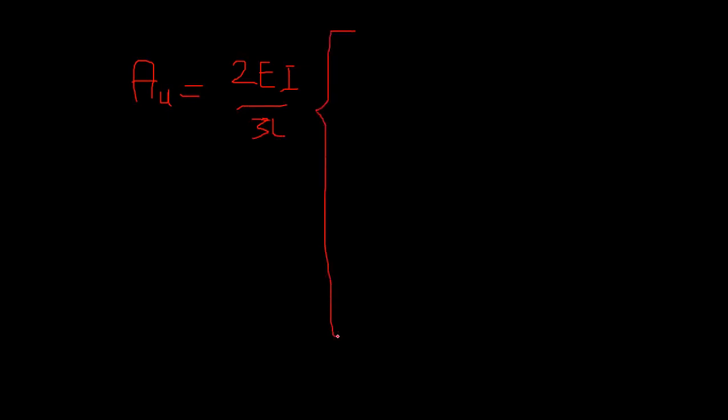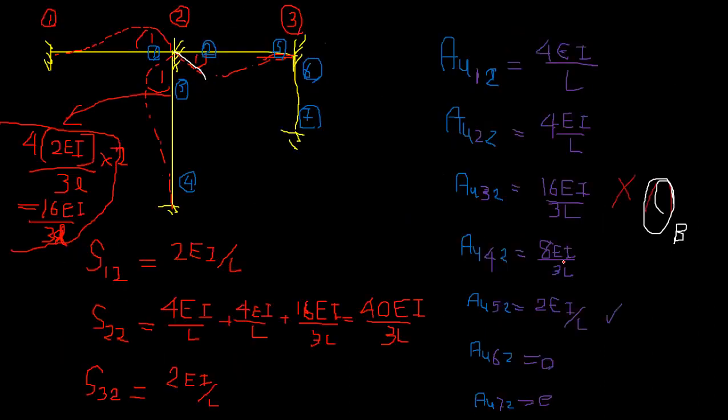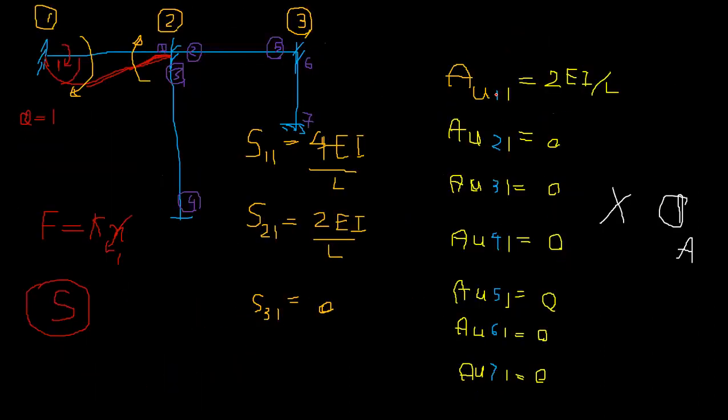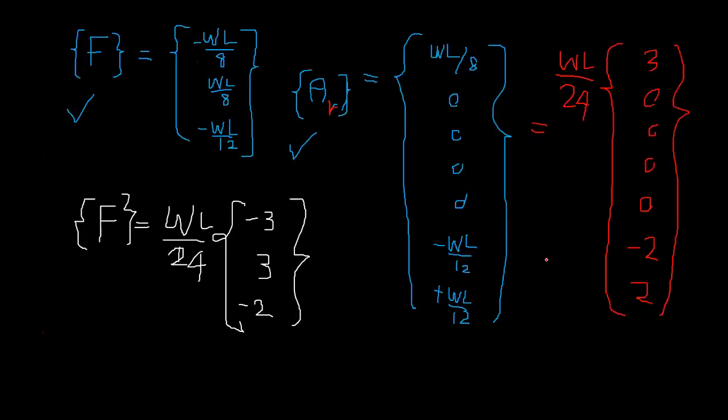So the remaining will be 3, 6, 0, 0, 0, 0, 0, 0, 0. Why? This is the first column. So this is first row, first column, second row, first column, third row, first column. So everything is 0, right? First column. Except this, everything is 0.